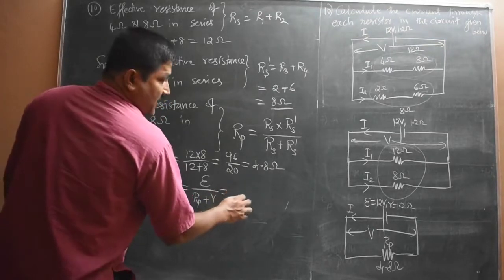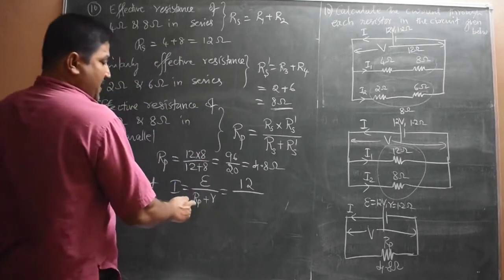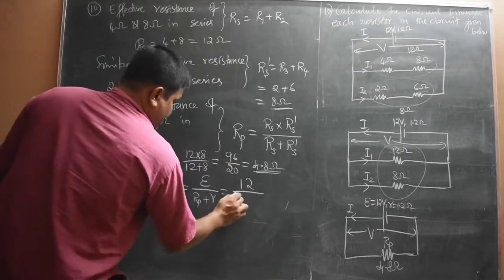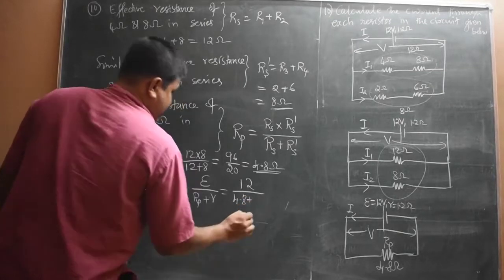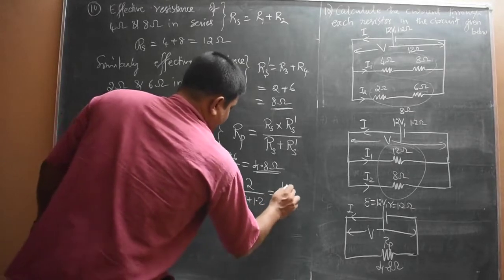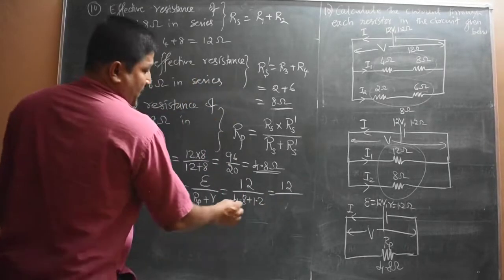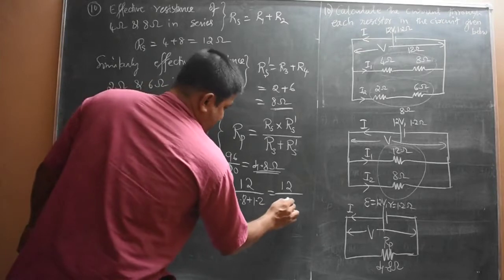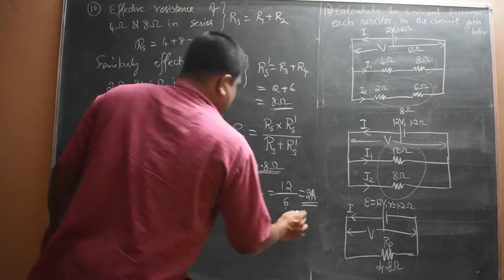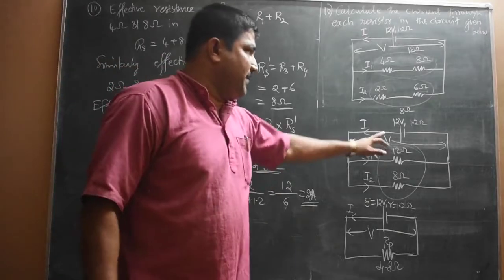So EMF 12 volt divided by Rp, the external resistance effective value 4.8, plus internal resistance 1.2. So 12 divided by 6 is equal to 2 ampere. The current drawn from the battery is 2 ampere.